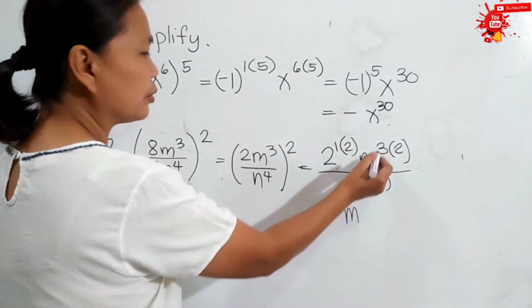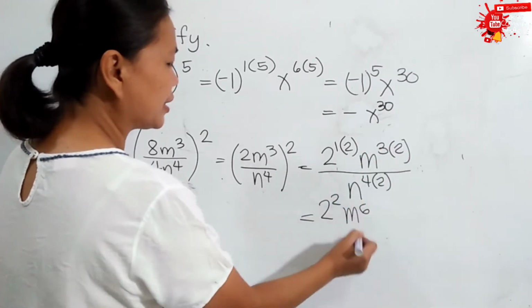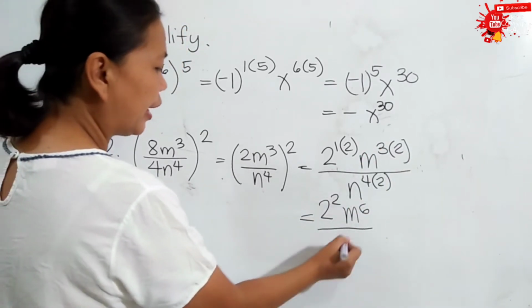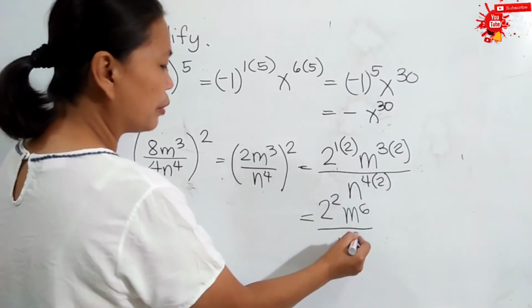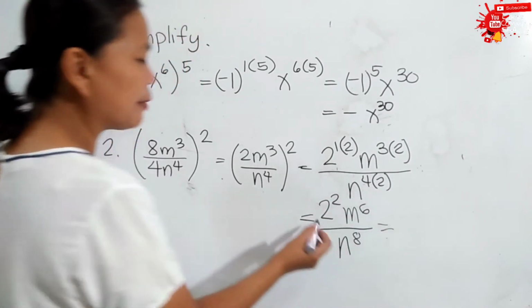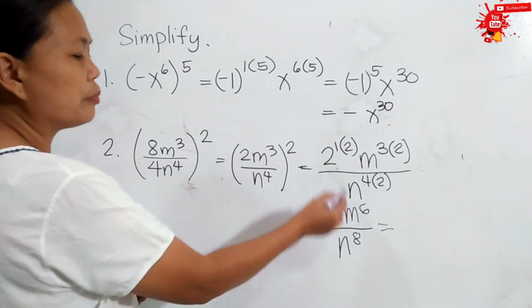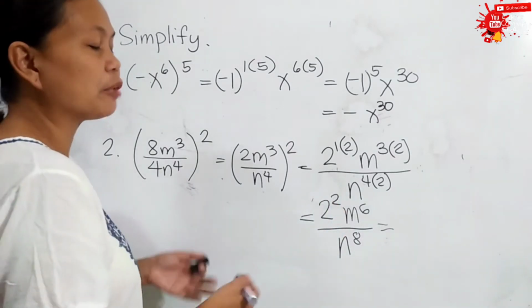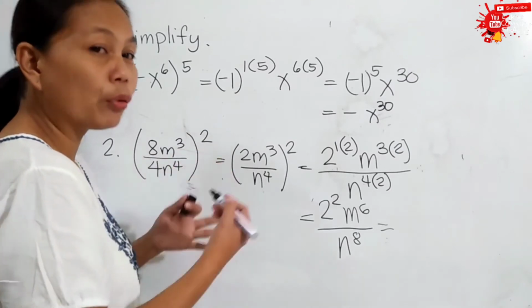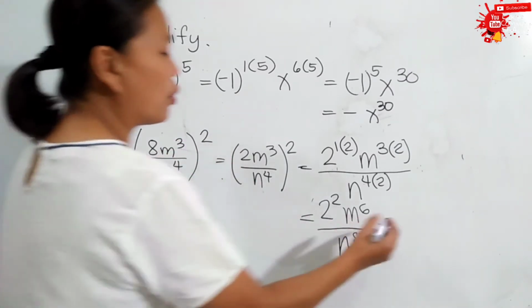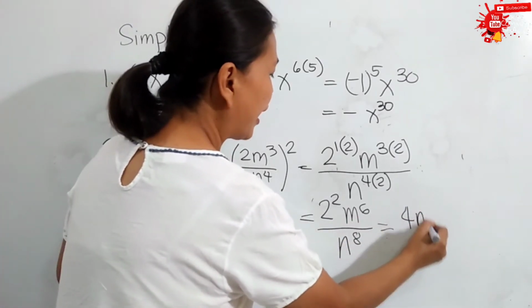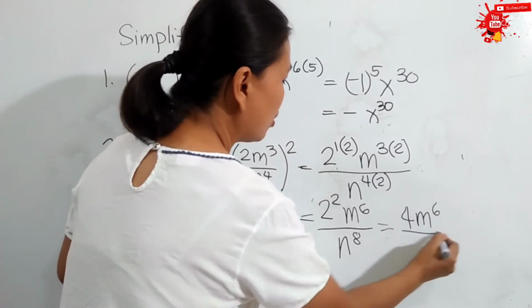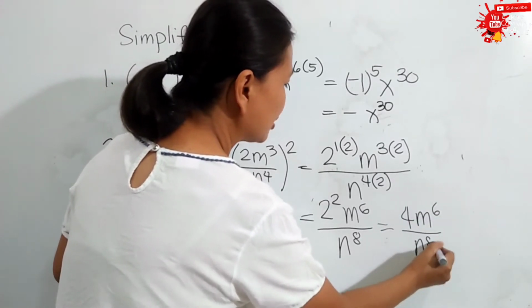Then m raised to 3 times 2, we have 6, over n raised to 4 times 2, we have 8. Now, let us simplify more the numerical coefficient. What is the value of 2 raised to 2? It is equal to 2 times 2, which is 4. So, we have here 4m raised to 6 over n raised to 8.